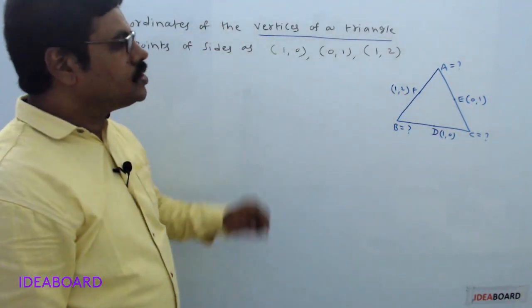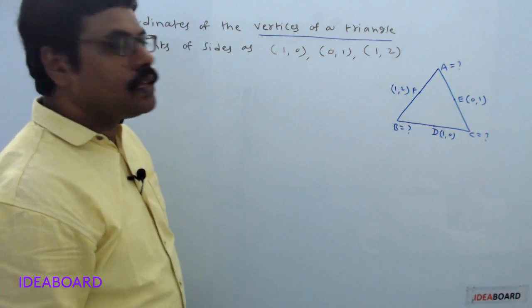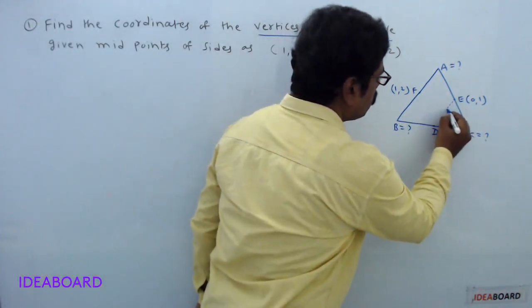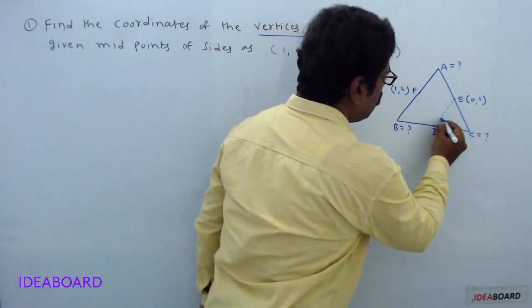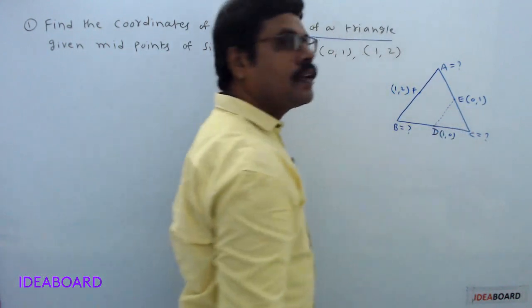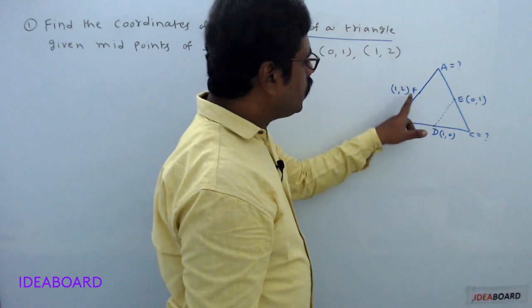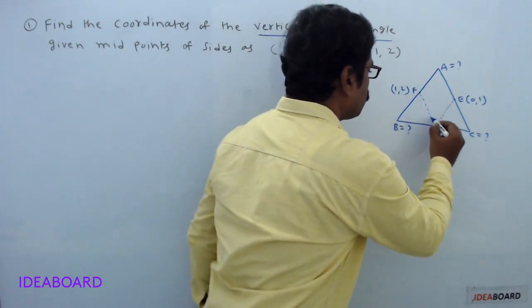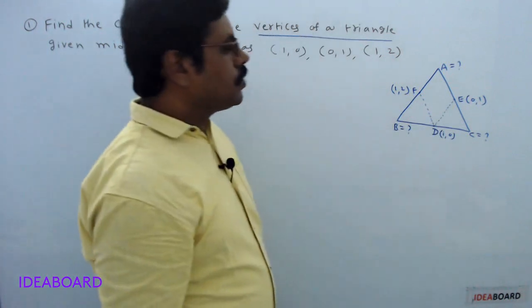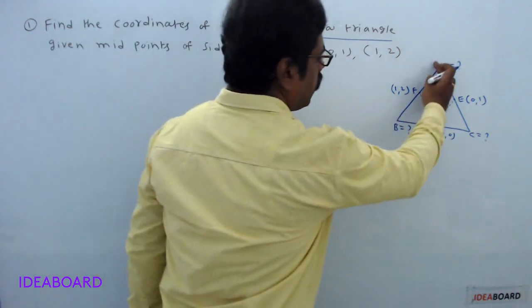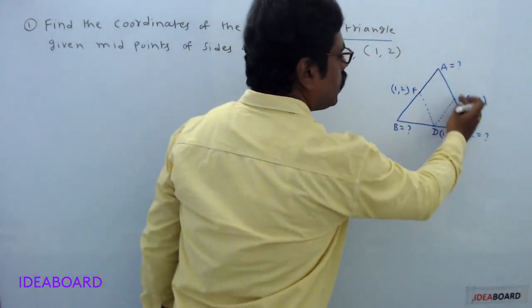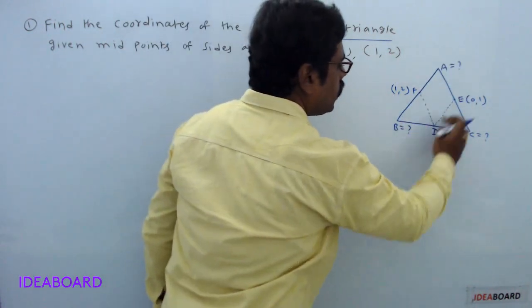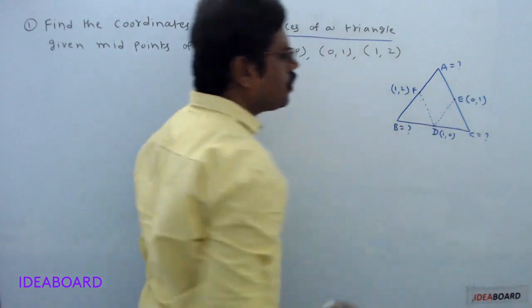Now first join the points D and E. Next join the points D and F. Now from the diagram, AFDE is a parallelogram.